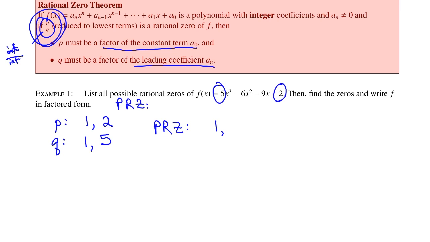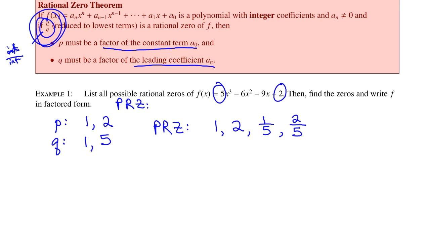And then using the p that could be 2, divide that by the q equal to 1. 2 divided by 1 is 2. Next, we'll do 1 divided by 5, 1/5. And then 2 divided by 5. So I've created every possible combination of division with p divided by q. And the list is 1, 2, 1/5, and 2/5.